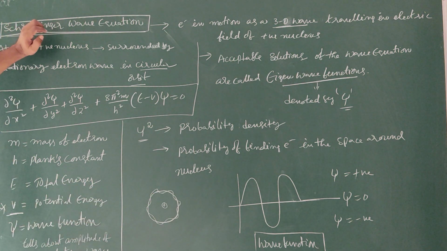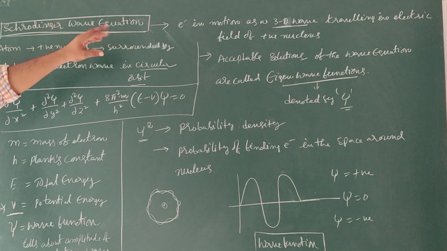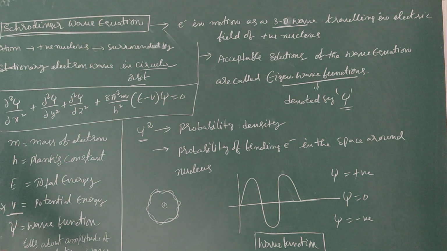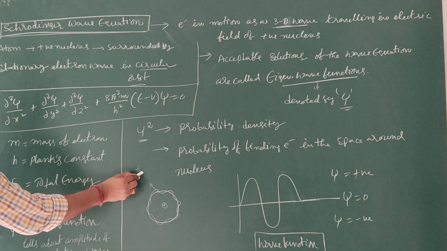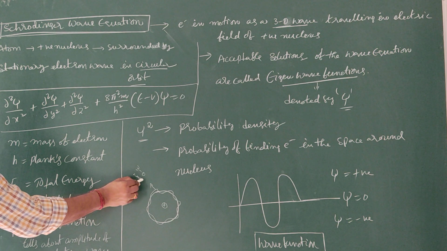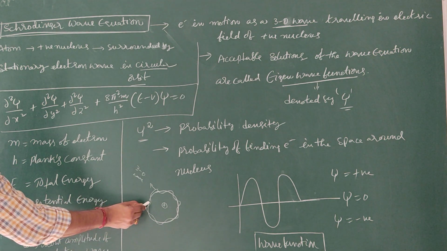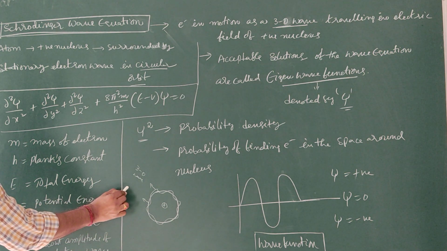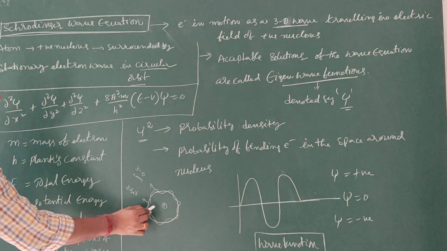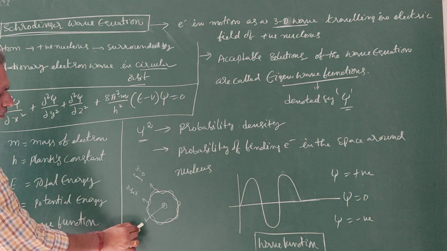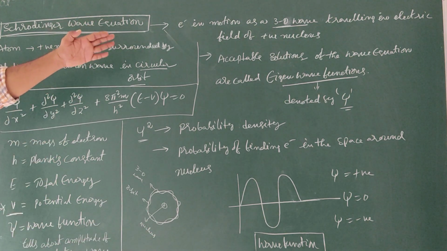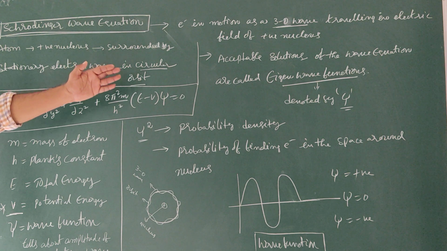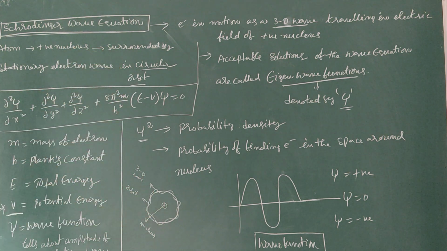According to Schrodinger, the electron in motion is a three-dimensional wave, traveling in the electric field of the positive nucleus.